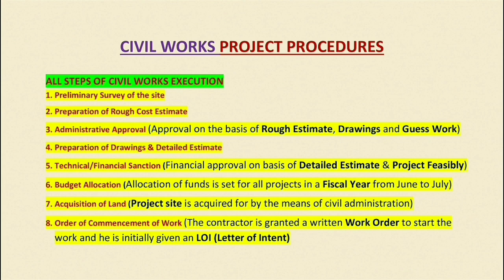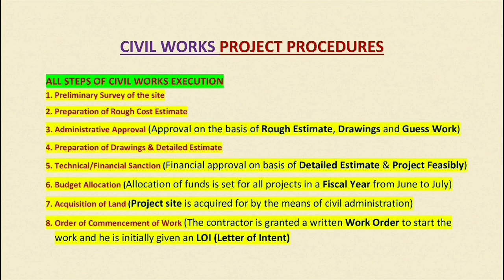This is decided on the basis of the detailed estimate and detailed drawings, because they provide the accurate and actual amount and the work feasibility. So technical and financial approval is acquired after the preparation of the detailed estimate and detailed drawings, but administrative approval is acquired once we have the rough estimate and rough drawings.